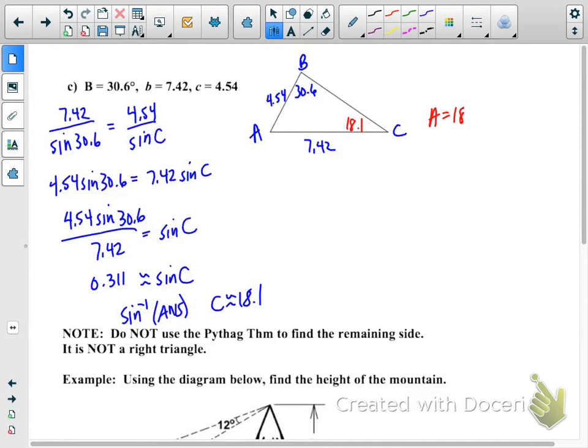So A is going to be 180 minus 30.6 minus 18.1. So A is 131.3. I don't have to see this step, but it's nice to show. I can give you partial credit even if you subtract it wrong. If you don't want to write out all the decimals here, you could always just write 180 minus B minus C. That would be acceptable too.